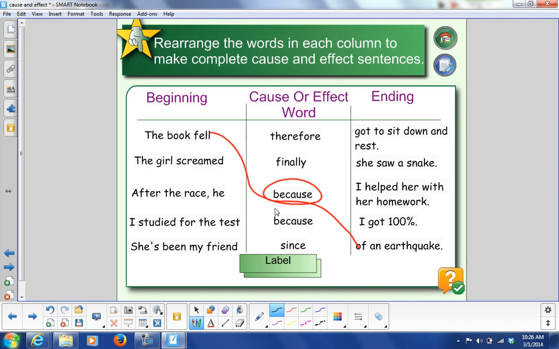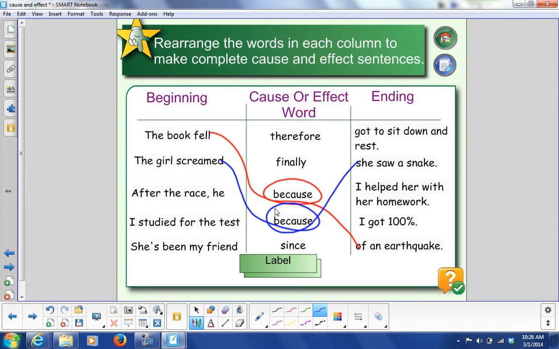Because she saw a snake? Maybe. The girl screamed and helped her with her homework? No. Girl screamed because she got 100%? Maybe. The 100% one or the snake one would probably work, so I'm going to go with the snake one. This girl screamed because she saw a snake.